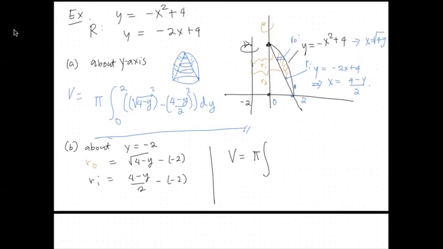The same again, from 0 to 2. Oh, wait. It's not, it's x equals 2. 0 to 2. And then just the same.